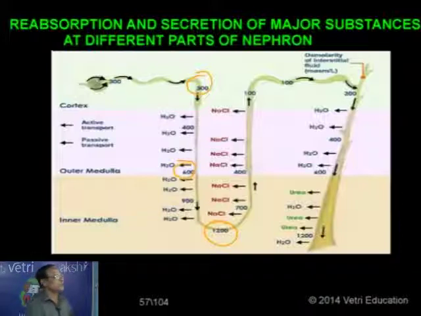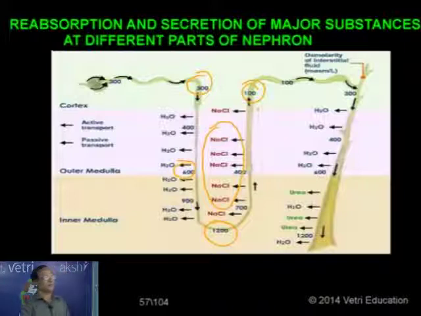When the fluid is going up, you see a decrease in osmolarity; it is almost reaching 150 to 200 osmolarity when it is reaching the distal convoluted tubule. This is because of the permeability of the ascending limb to the salt, namely sodium chloride. As this region is more permeable, sodium chloride, the electrolytes and the ions are reabsorbed, but there is no reabsorption of water.